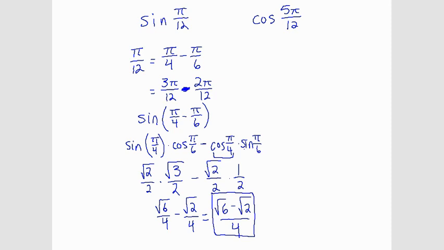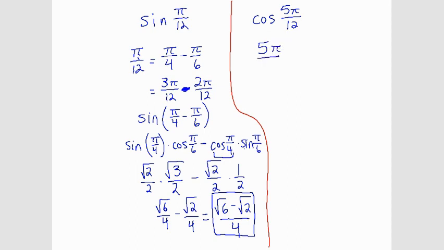Let's try one with cosine. Let's go cosine. I'll divide this screen up a little bit. Cosine 5 pi over 12. Well, I know that pi over 12 would be 3 pi minus 2 pi, so 5 pi over 12 should be pi over 4 plus pi over 6 for the same reason. Now, I should say that these are angles I'm pulling out that I happen to know equal this.